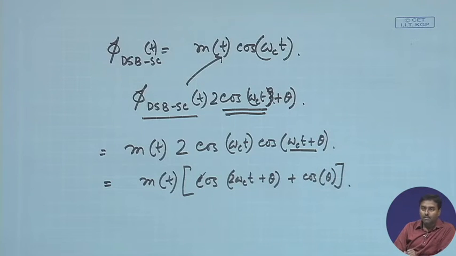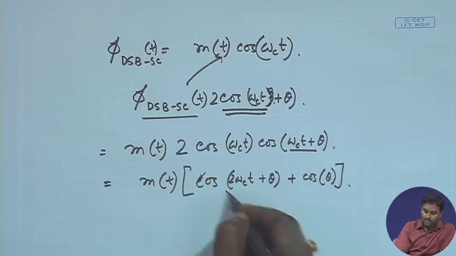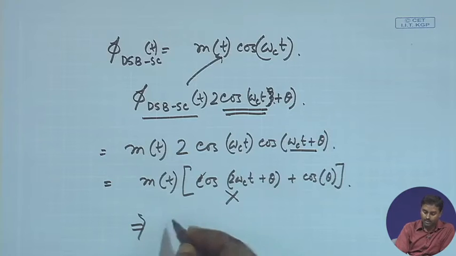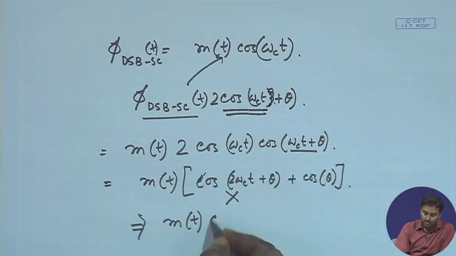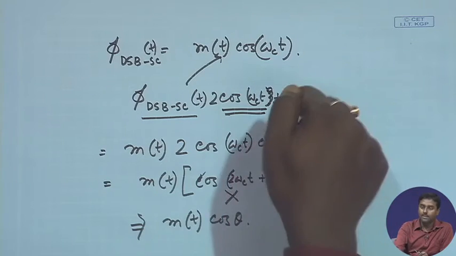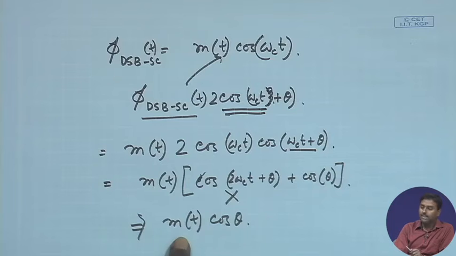Now, I will be putting a low pass filter. So, this term will be cancelled because that is at frequency 2 omega_c. So, I will be cancelling out this term, and the rest of the term after demodulation I will be getting is m(t) cos theta. Earlier when it was fully synchronized, there was no phase offset in the local carrier, I was getting only m(t), that was good. Now, I am getting m(t) into cos theta.